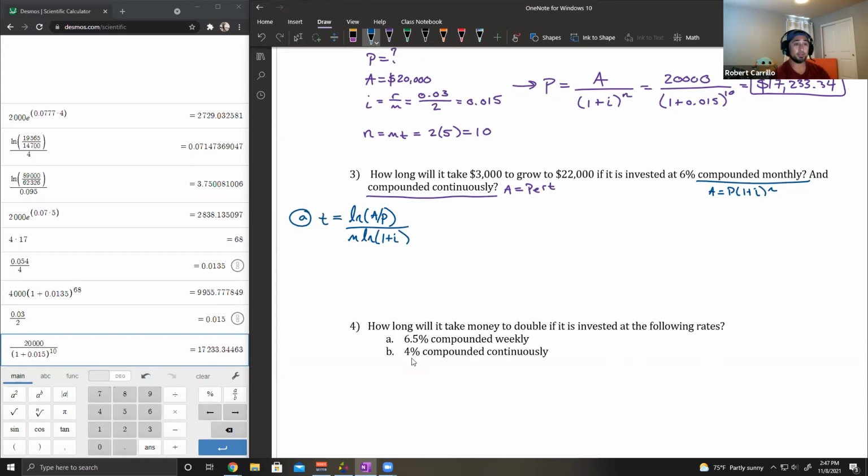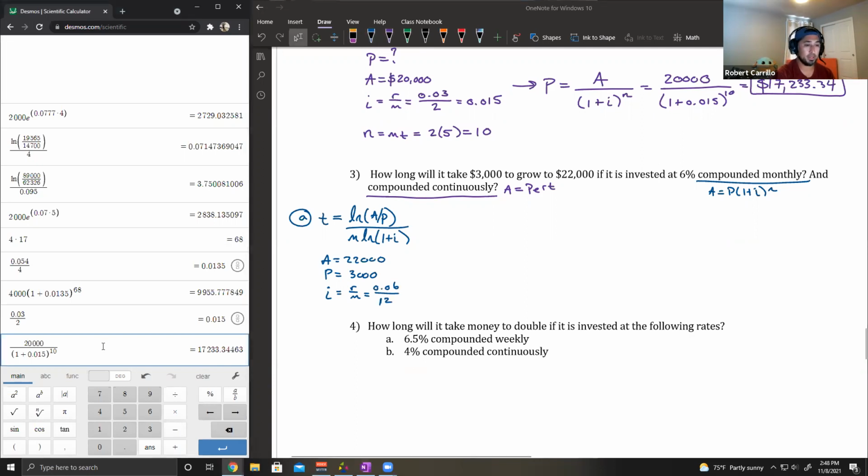So for this one, they're giving us how long will it take 3,000 to grow to 22,000? They're giving us the final amount, 22,000, the beginning amount, 3,000, and the rate. i is rate over compoundings, and they're giving us the rate at 6% compounded monthly, 12 months in a year.